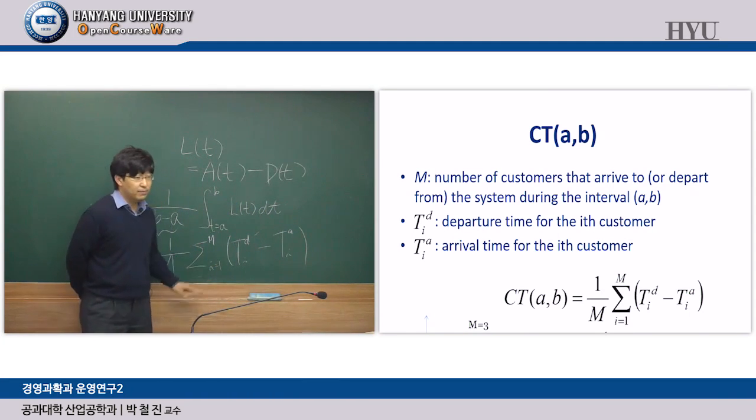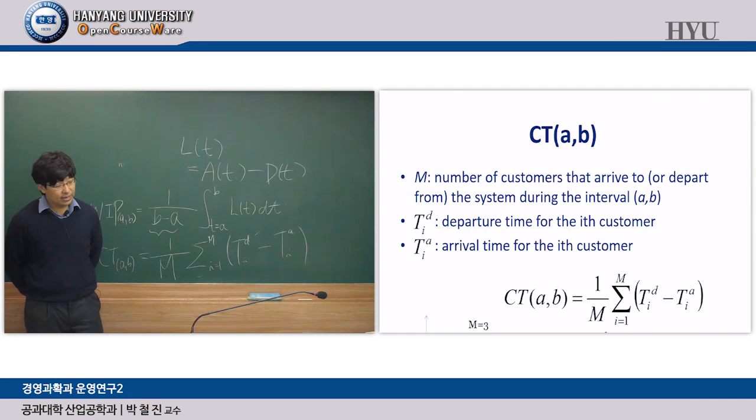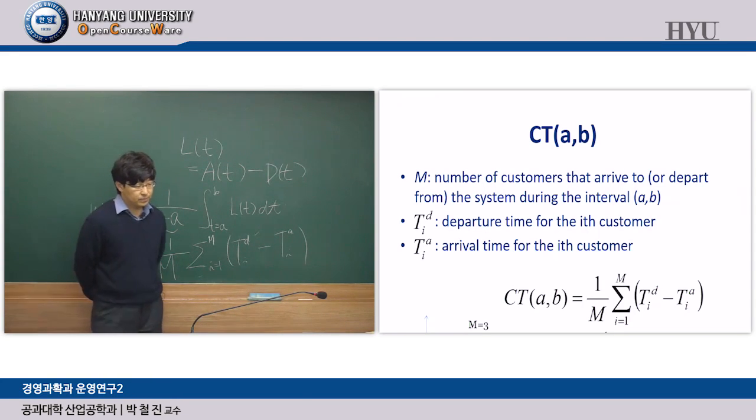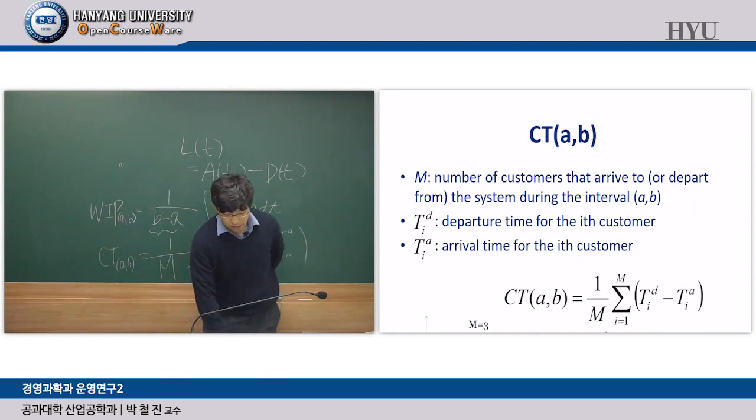Then this is the average cycle time for the system from time A to time B.